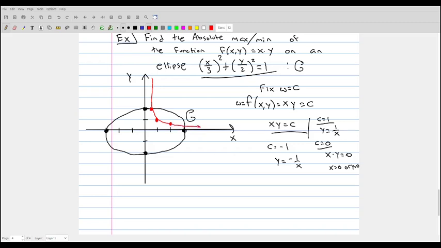It looks like this. This curve corresponds to c being equal to 1. And you have the exact same picture down here in the negative direction as well, because this is the curve y is equal to 1 over x.